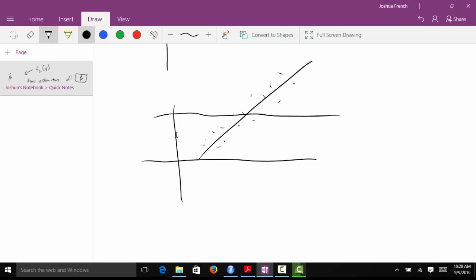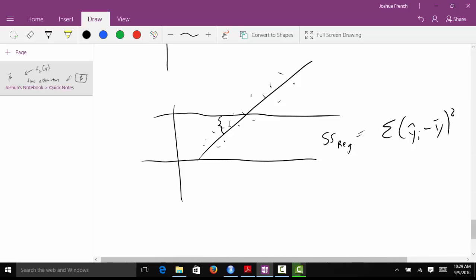The regression sums of squares measures the distance between the sample mean and the fitted value for each observation, squares that distance, and sums over all observations. So the regression sums of squares is the sum of the squared distance between the fitted values and the sample mean.